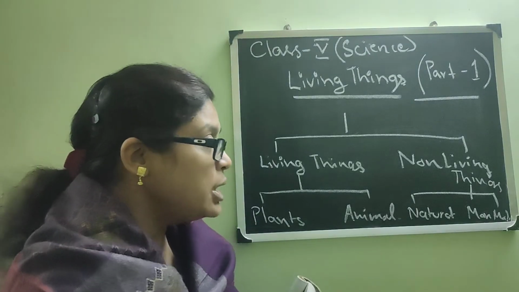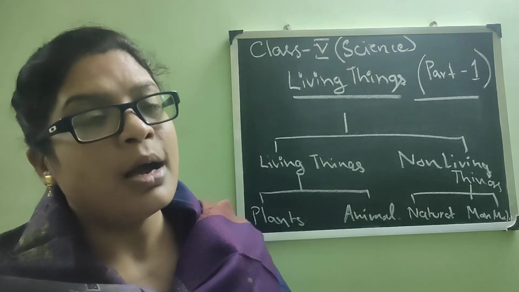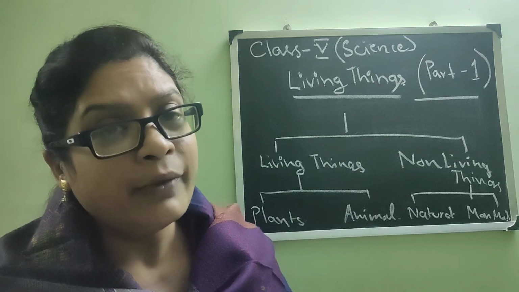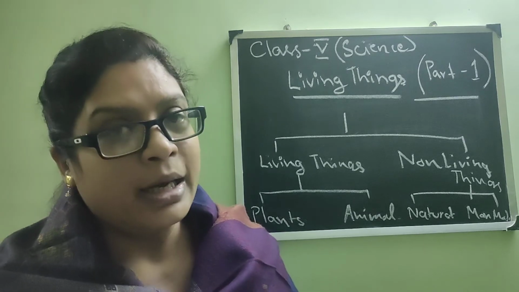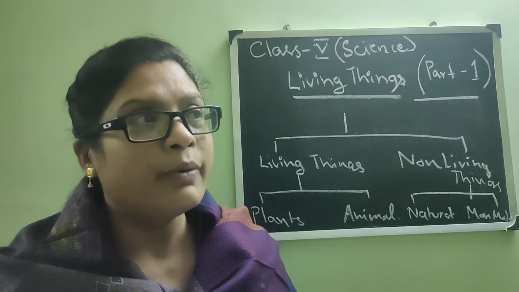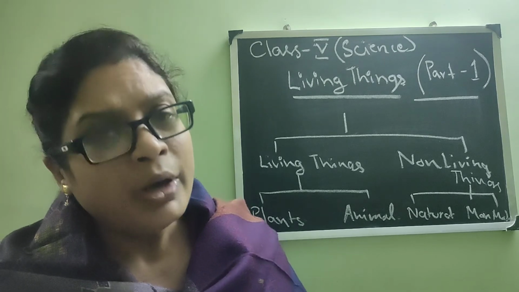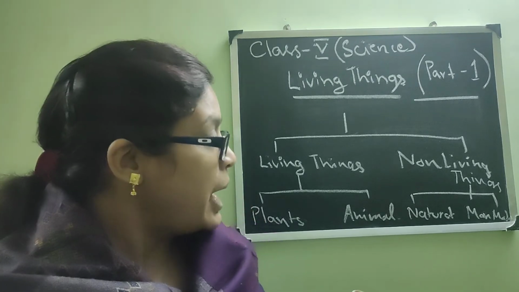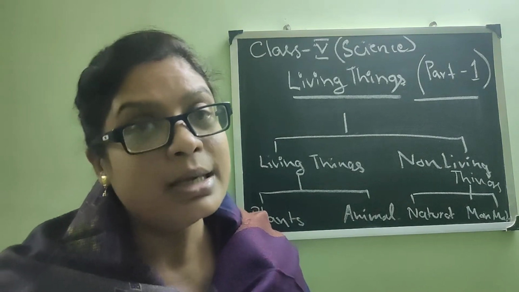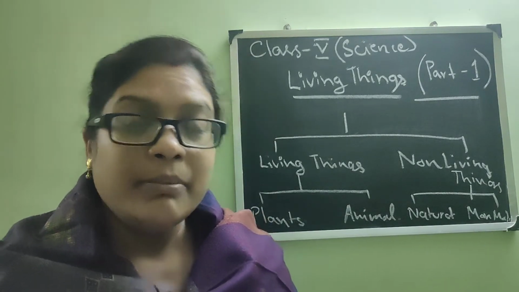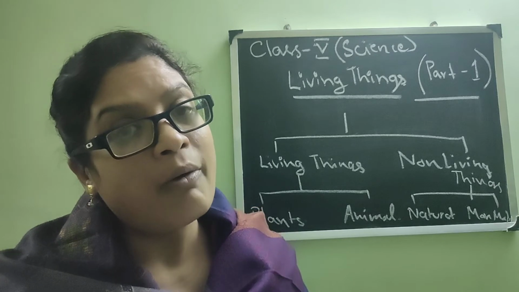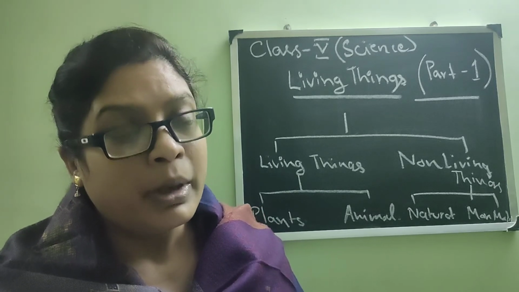So natural non-living things are the things which we are getting from the nature automatically, like sun, moon, star, whatever we are seeing in our nature, we don't have to make it, isn't it? But man-made things means the things which are made by man, means they are made for our own benefit, for our own purpose.